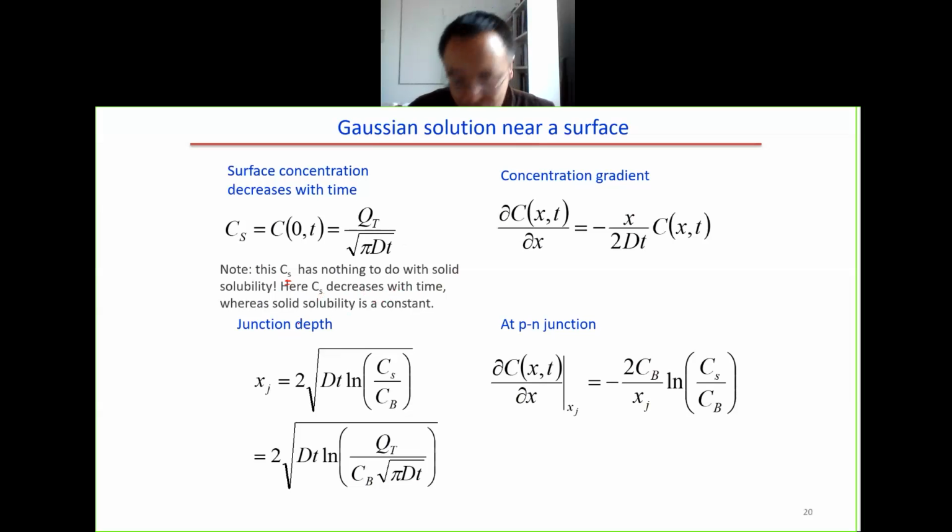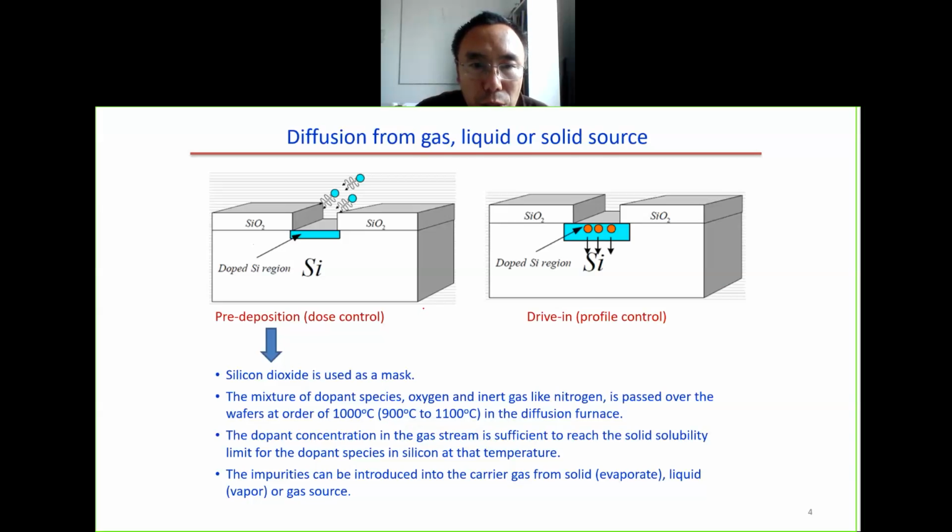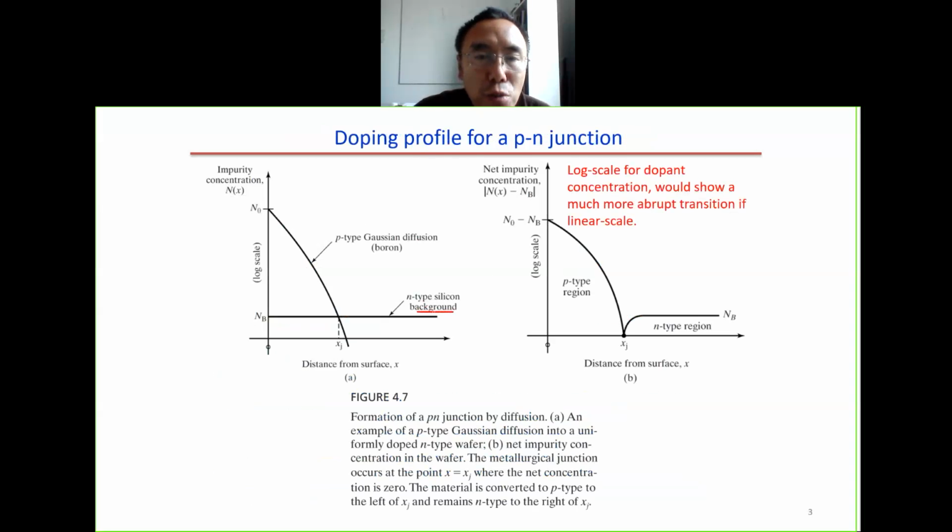For the junction depth, we go back to this slide. We have this background doping, which is NB, and then we have this doping, which is the Gaussian profile. The junction depth is the point where this profile is the same as the background.